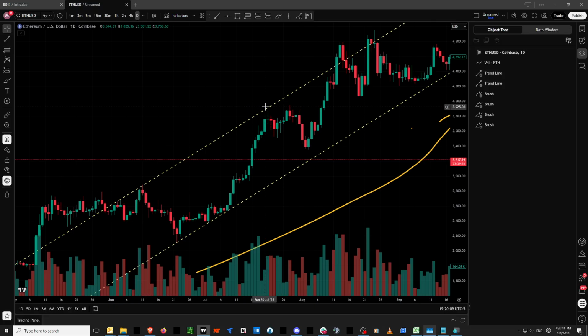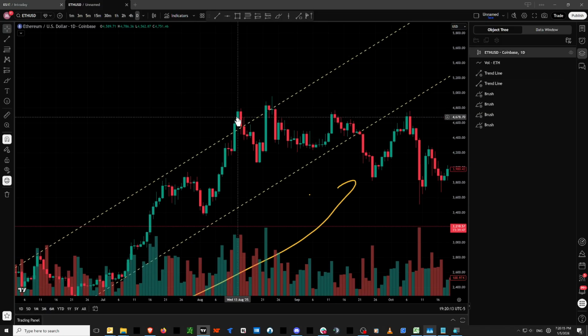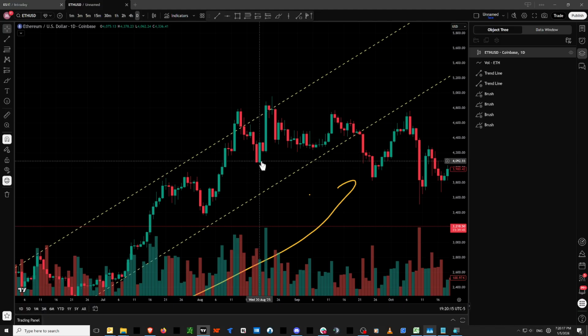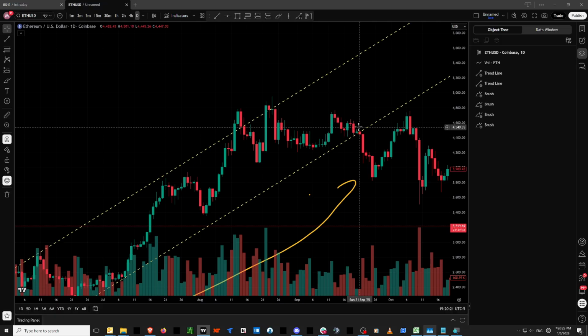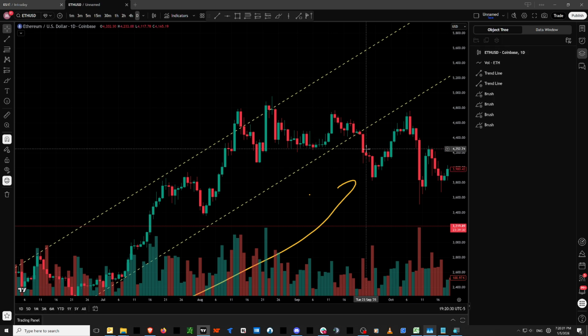Look at right here. You see that? You see we did break it. We came back in to about the midpoint of those. We went back up to it again. We came back down. Notice how it stalled right here. Violent break down. This violent break tells us trend change. Time to change the trend.